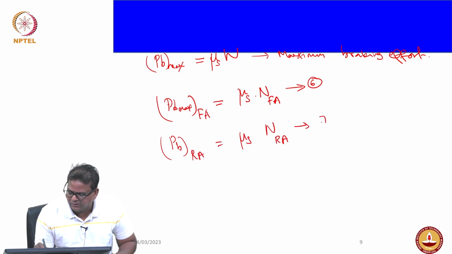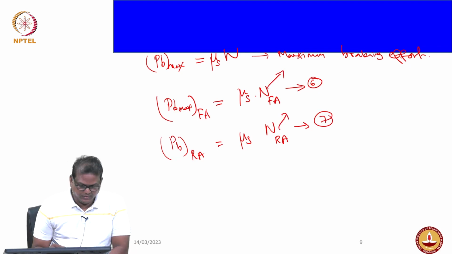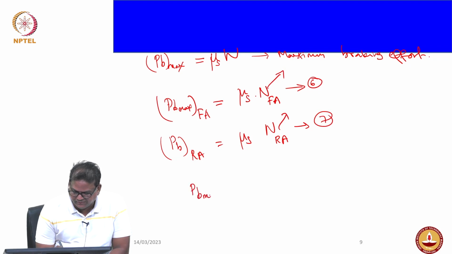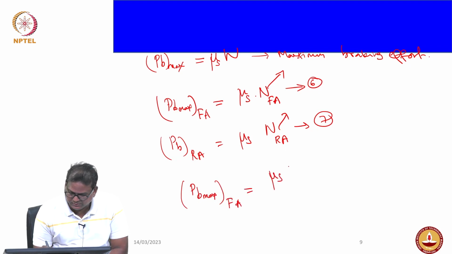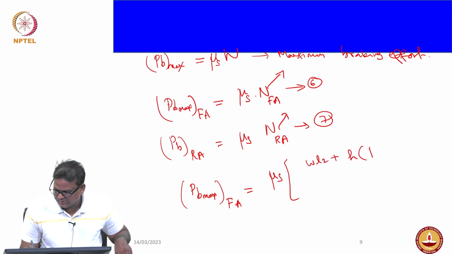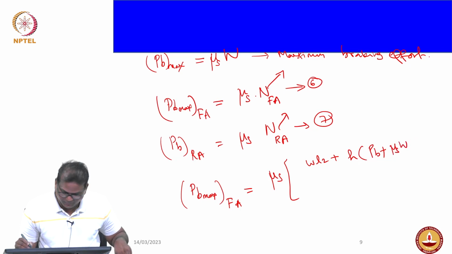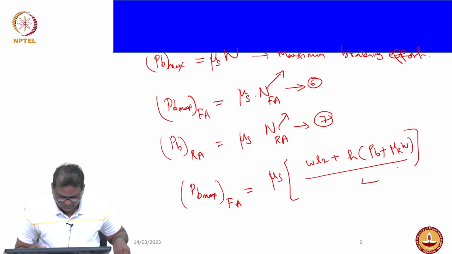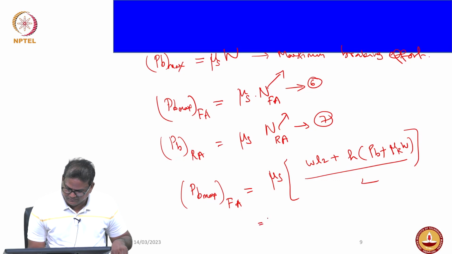But you already know NFA and NRA. If I substitute them, I would expect the PB max of my front axle to be mu S, with the entire NFA value, which is W L2 plus H PB mu S W. I am sorry, I made a mistake here. This should be mu R W divided by L.